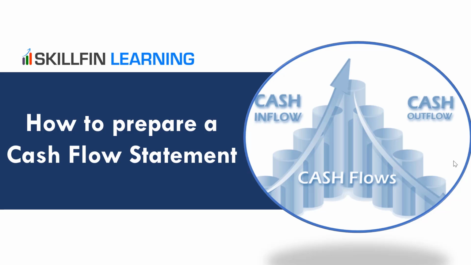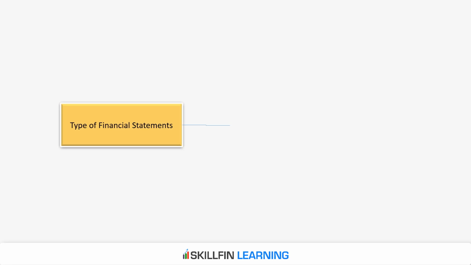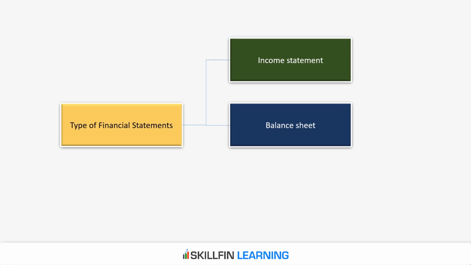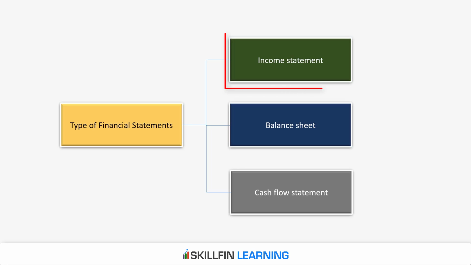In this video, we will discuss how to prepare a cash flow statement. There are three types of financial statements: income statement, balance sheet, and cash flow statement. In the income statement, we have the revenues, expenses, and net income generated by a business during a particular time period.